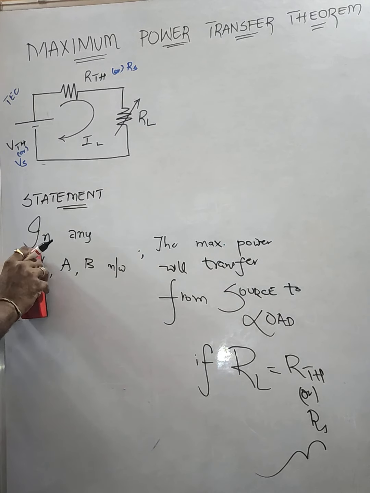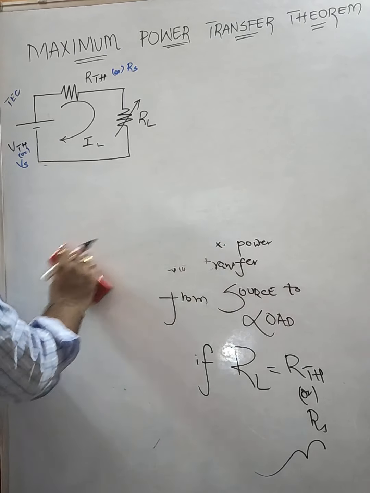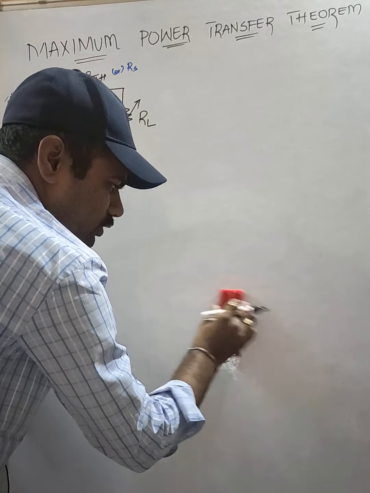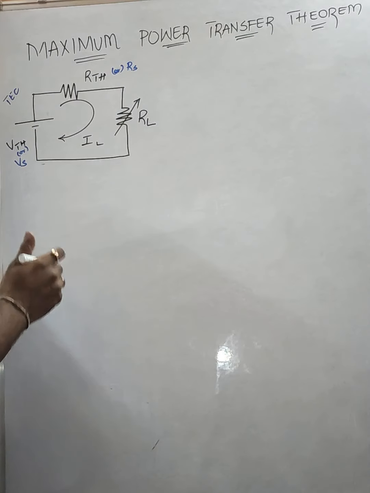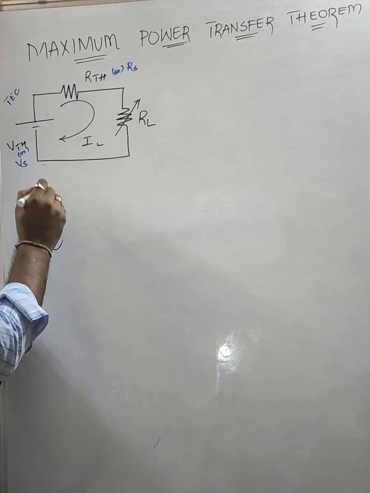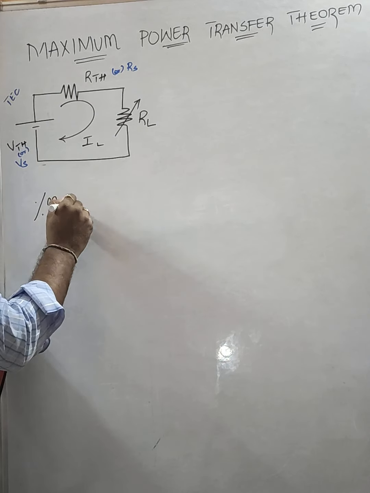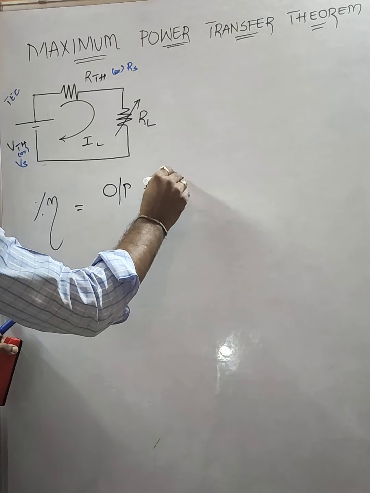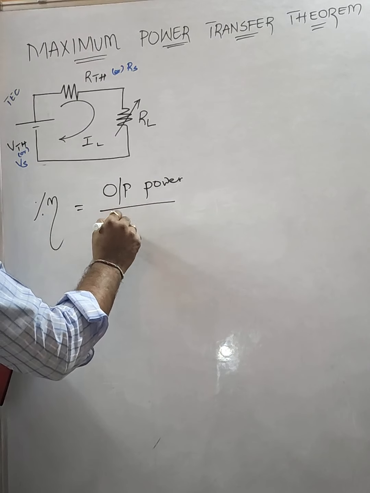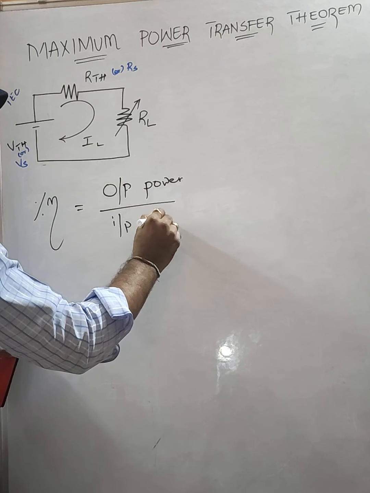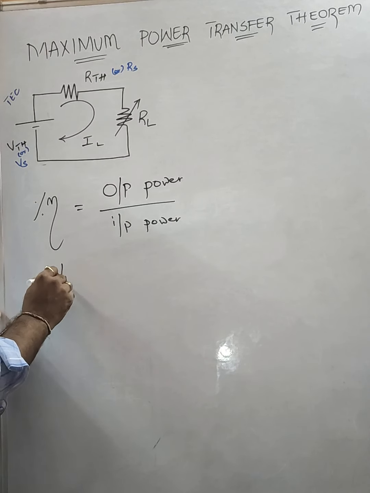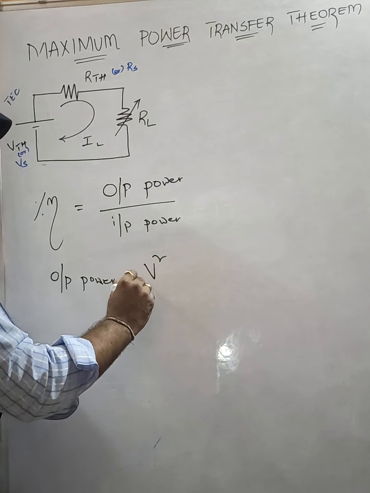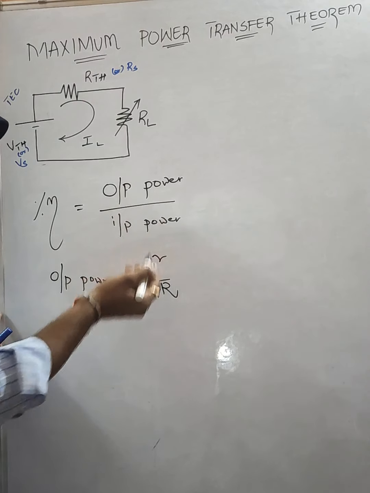One more conclusion point here is the efficiency of the maximum power transfer theorem condition. We all know that efficiency is the output power divided by the input power. The output power we derived: maximum power, V squared by 4 RTH.